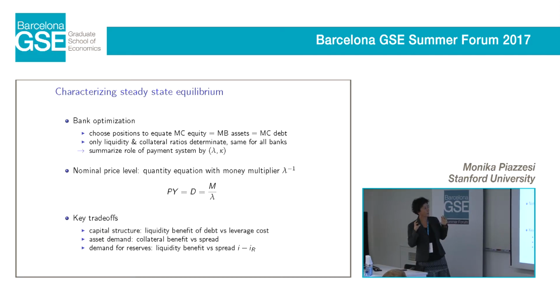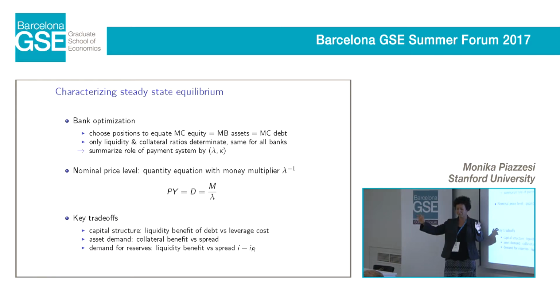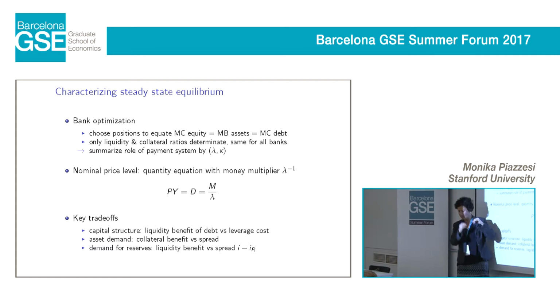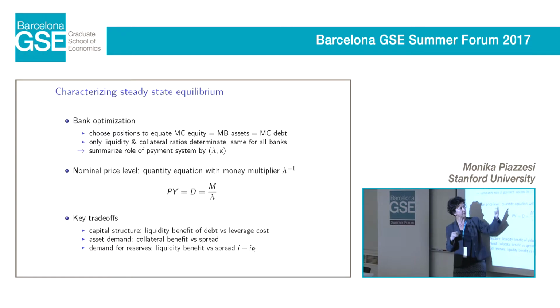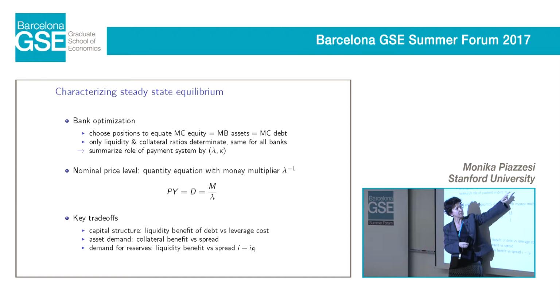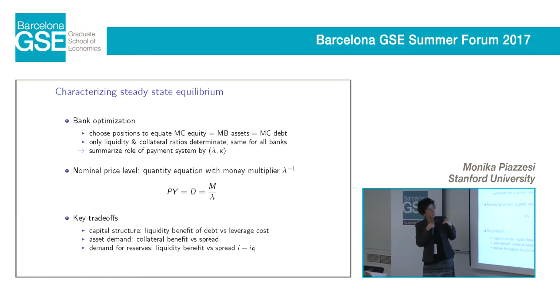So what's going to happen in the steady state of this model? Banks will optimize. They're maximizing shareholder value, so they're maximizing the present value of future cash flows, subject to their liquidity constraints, and they take into account their leverage costs. They choose all these positions in the balance sheet to equate marginal conditions. They equate the marginal cost of equity with the marginal benefits of holding assets and the marginal cost of debt.